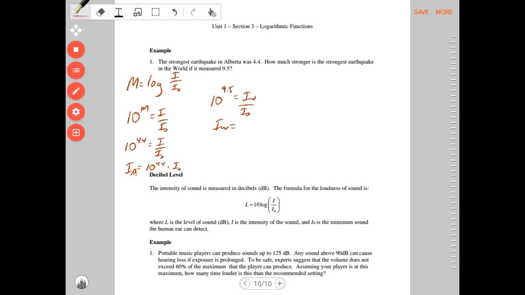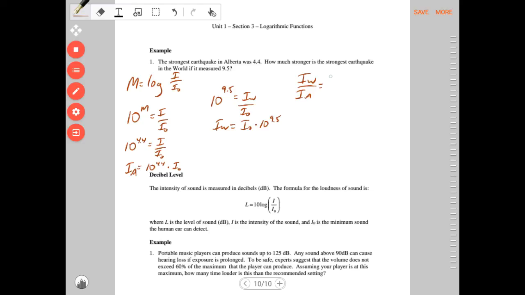The intensity of the world one is I0 times 10 to the 9.5. To compare these two earthquakes, I just divide the intensities, IW divided by I Alberta, and that'll give us how many times more intense the world one was.